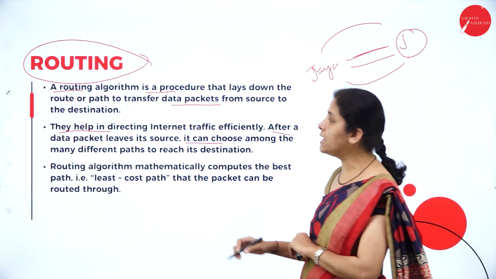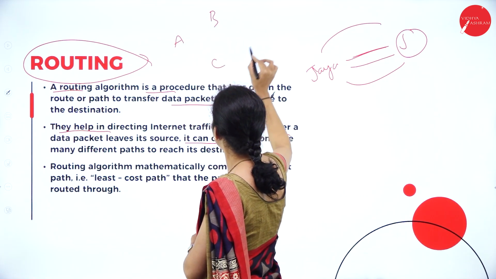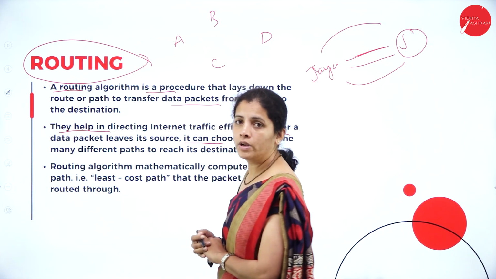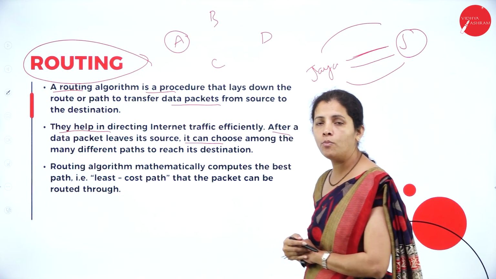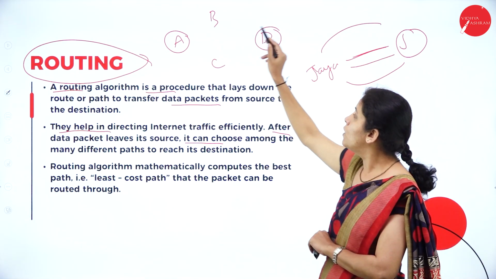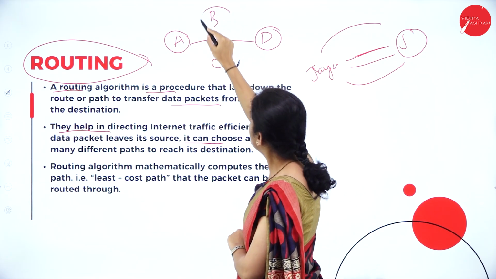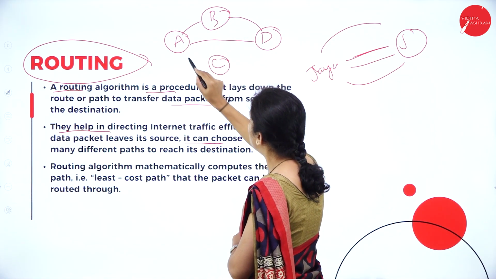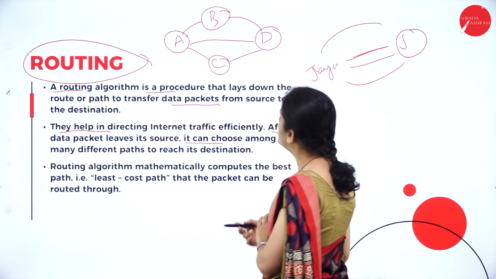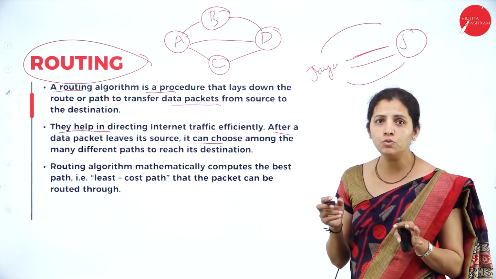Okay, fine. Think that I have A, B, C and D. Now I want to send a data packet from A to D. One possible route is a direct connection, another one is A to B and B to C, and another possible route is A to C and C to D. See how many possible routes I have?